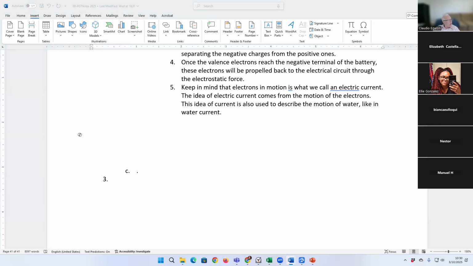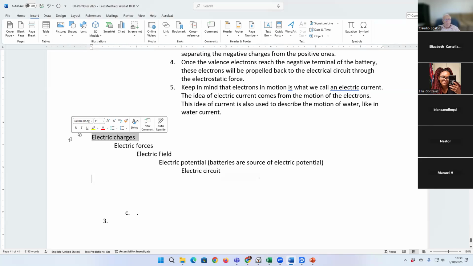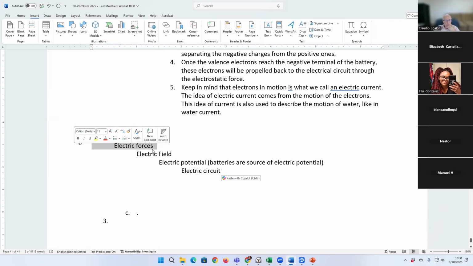Let's go back to our previous concepts. We started with electric charges. Then I introduced you to the idea of electric force, then the idea of electric field and electric potential. Batteries are a source of electric potential. And I told you about an electric circuit.